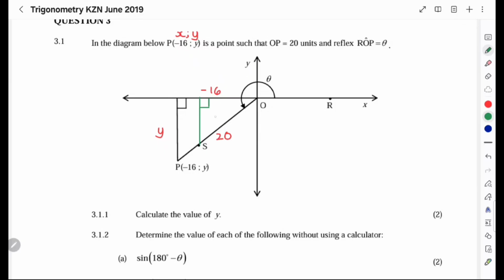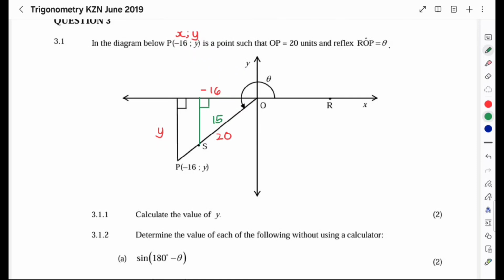So we were told that OS is 15. That is the hypotenuse of the smaller green triangle. Now we need to calculate the coordinates of S, which is the X value of the triangle and the Y value of this triangle.